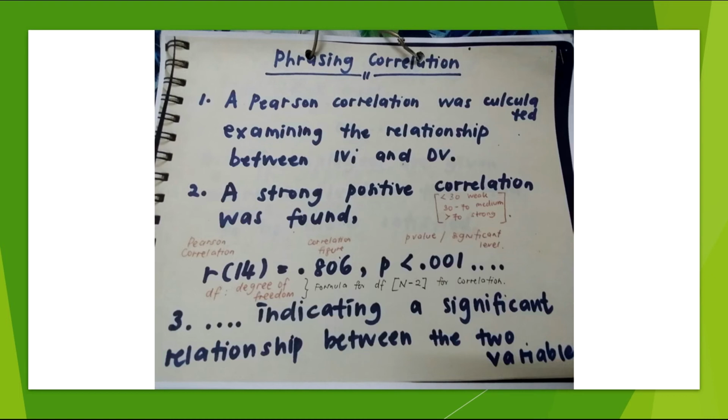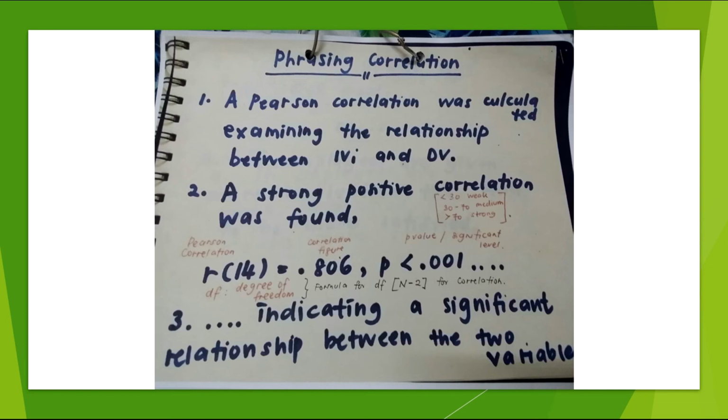First, you have to use the small r, representing Pearson correlation. In brackets, you put the degree of freedom. The degree of freedom of correlation is not given, so you have to calculate it on your own with the formula df equals n minus 2, as you can see here.